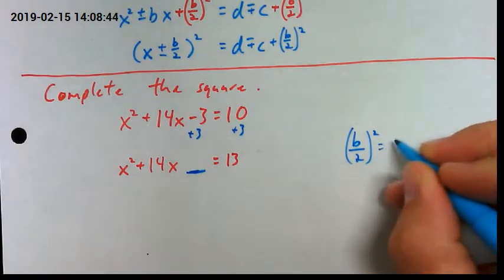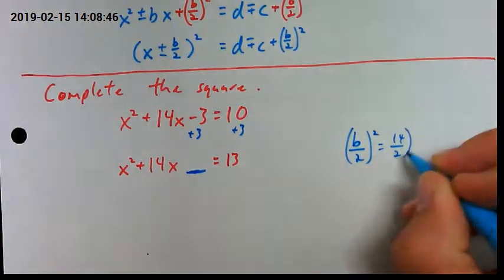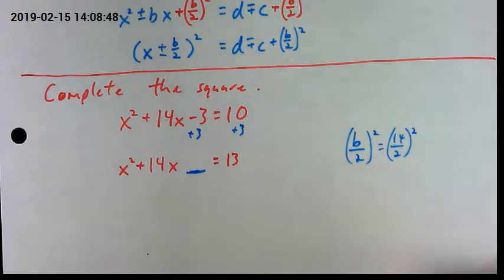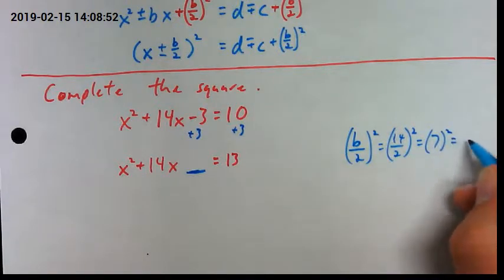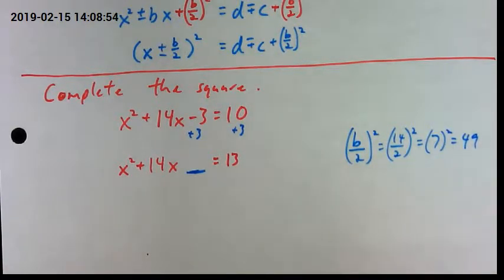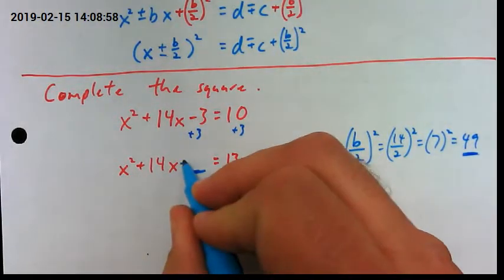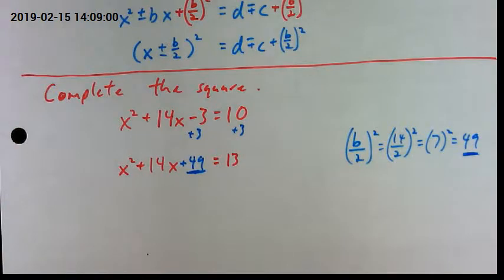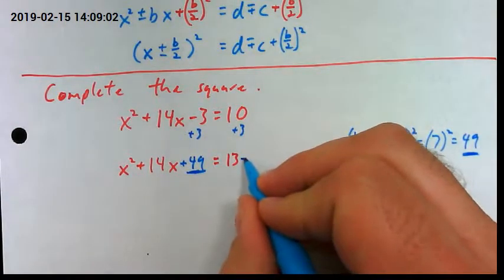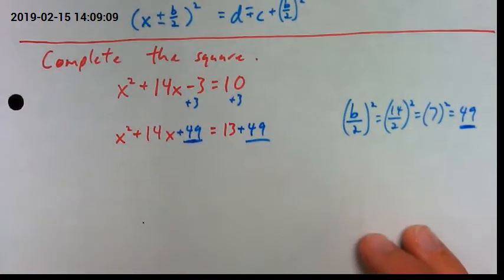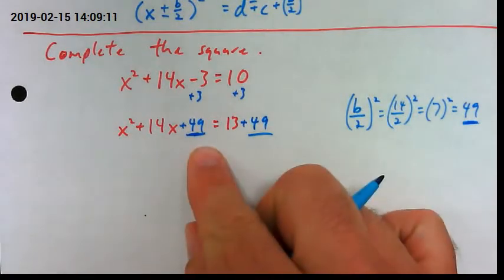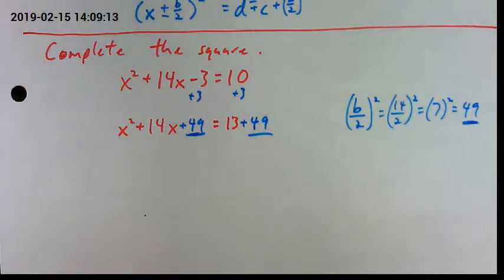So we had 14 divided by 2 squared. 14 divided by 2 is 7, and 7 squared is 49. That's the value we plug in here, so plus 49. Then you have to do the same thing to the other side to balance the equation, so we're also adding 49 over there. Now this is a balanced equation, and the left side is a perfect square trinomial.